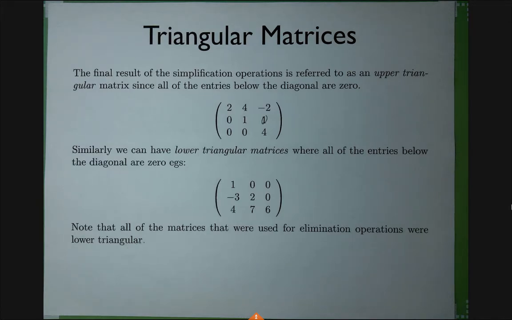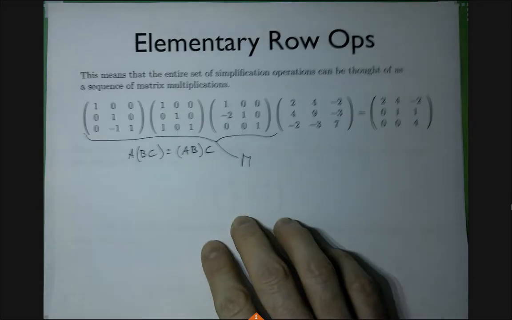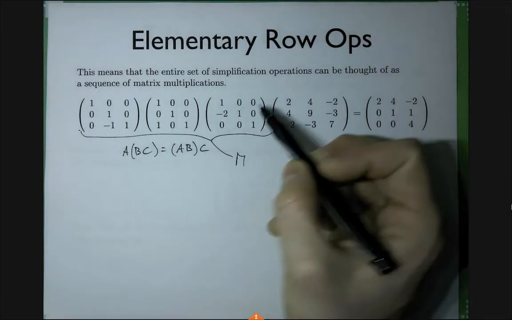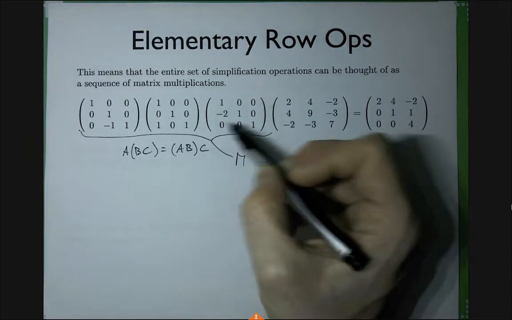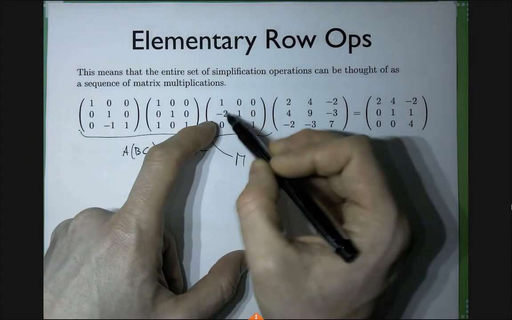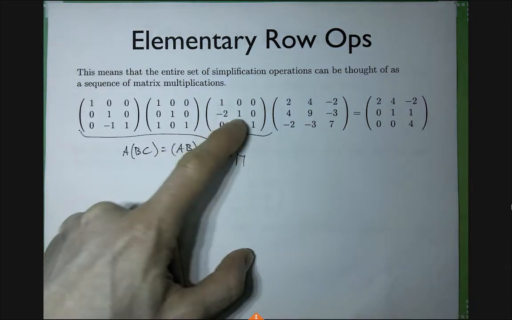Maybe let me show it here. You could probably notice a pattern to this. This matrix was copying the first and third rows, and on the second row, it took the first row times minus 2 and added it to the second row.